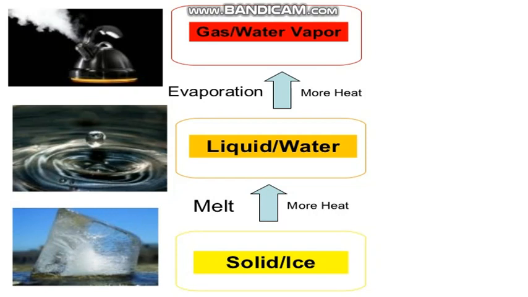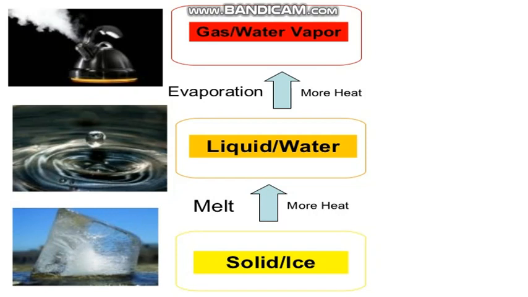Now the ice cube will not remain solid, it will change its state. Now it has changed to water. Water is not a solid, it is liquid. When you continuously heat the water, it changes to water vapor, a gas.